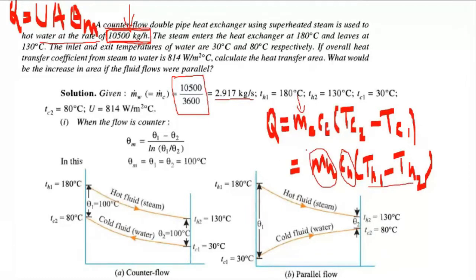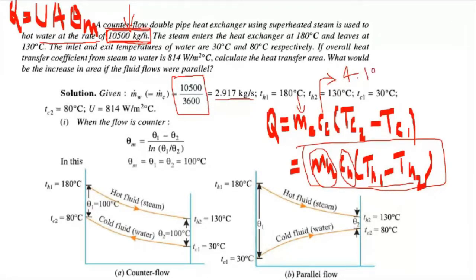So using the second formula, we cannot find out the rate of heat transfer. But if we see the first relation, MC value is given. And what is CC value? What is the cold fluid for us? Water. And what is specific heat for water? 4.187.